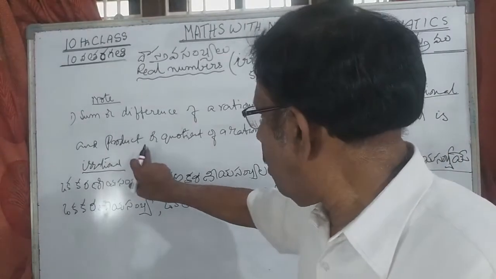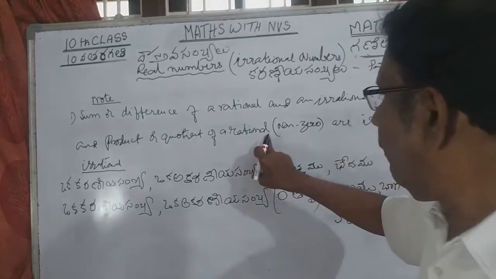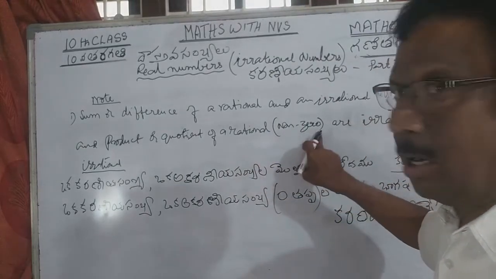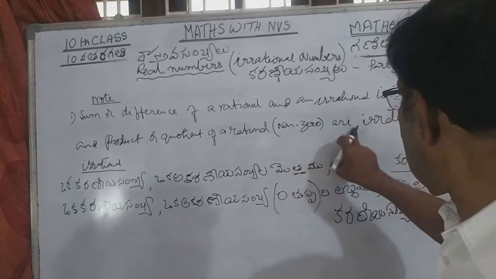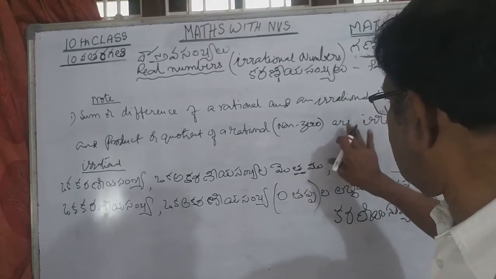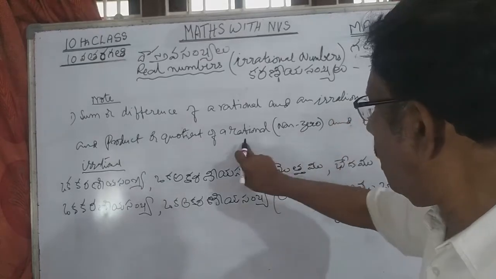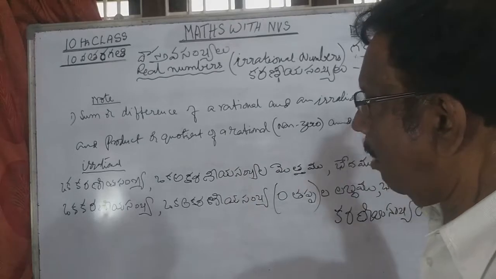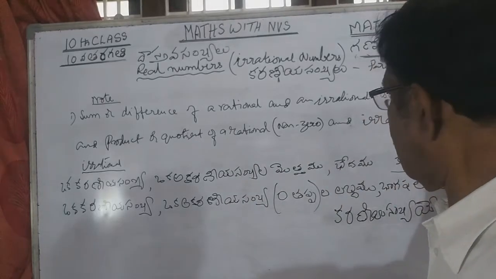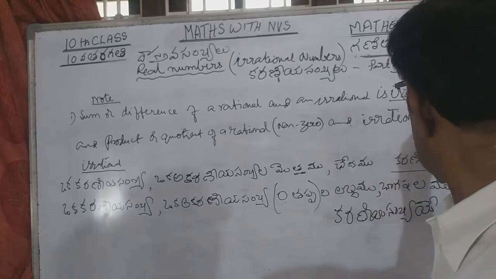Like that, the product and quotient of a non-zero rational and an irrational are irrational.